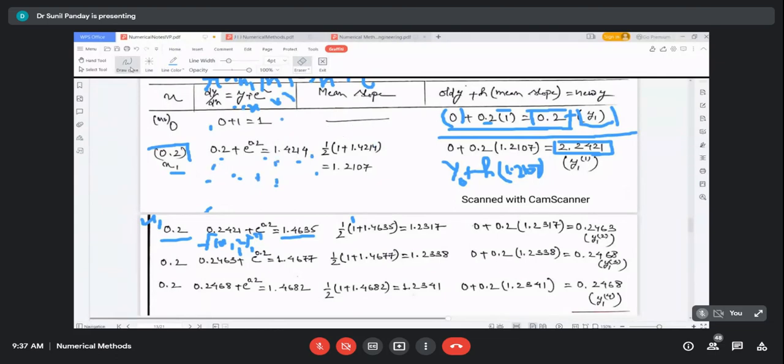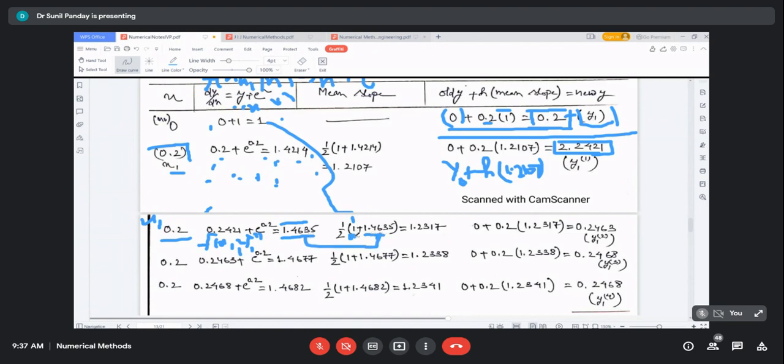So we again take the value from here, like this is our f of x naught y naught, and this is f of x1 comma y1 superscript 1, that is the first updated value. So from here we have taken this slope.